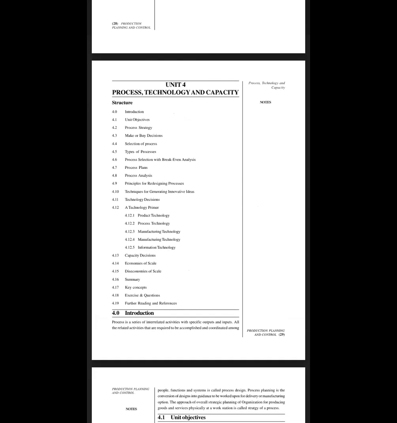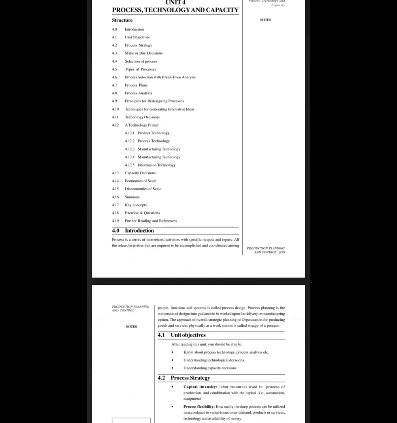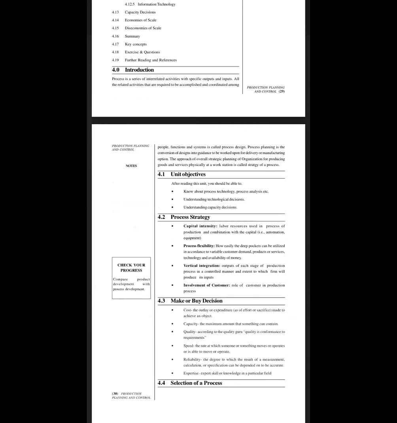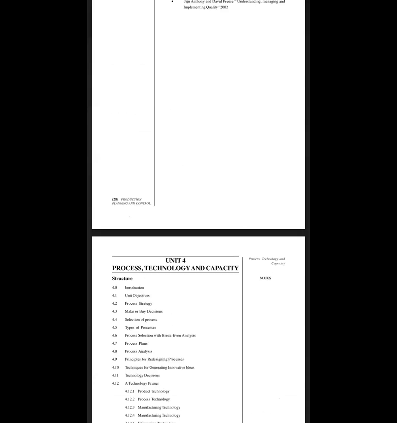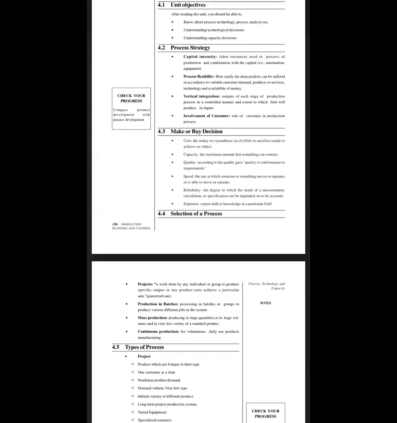Process, technology, and capacity. Okay, this is the next one, that is called process technology and capacity. Process strategy, capacity, intensity, labor resources use the process, production and combination with capital.